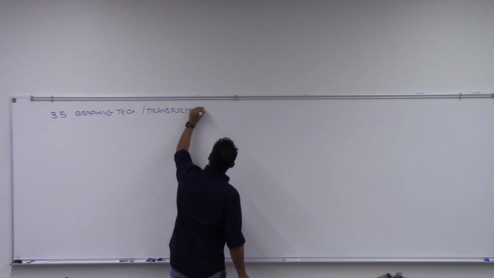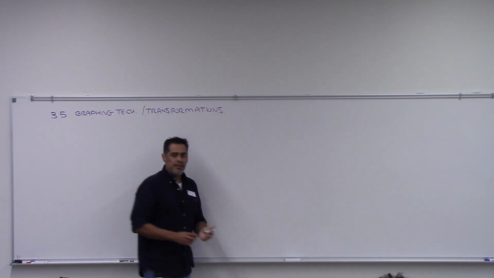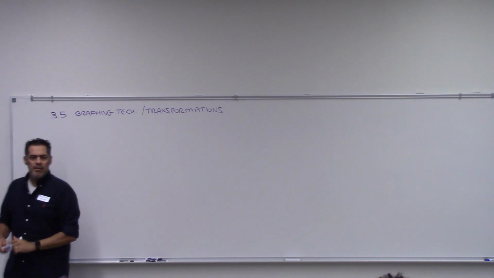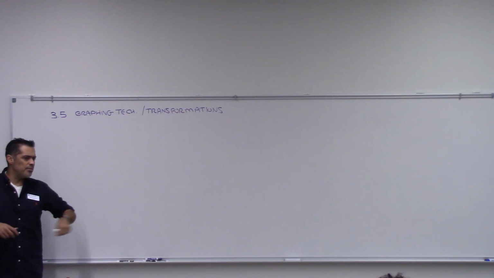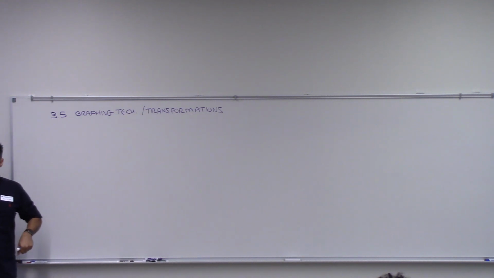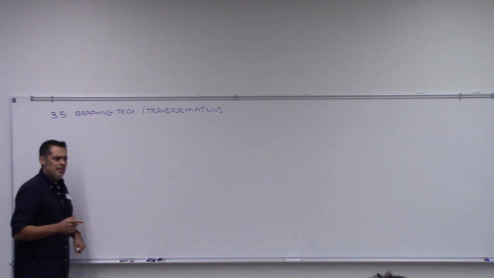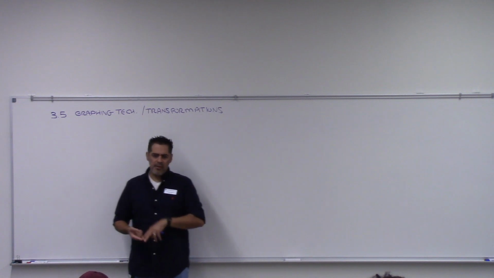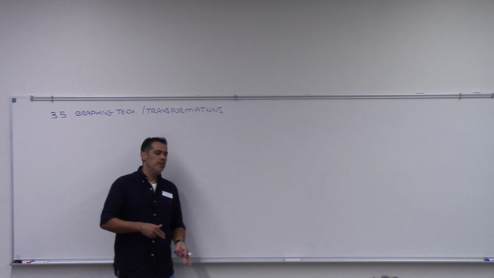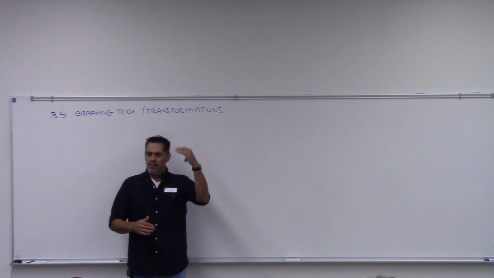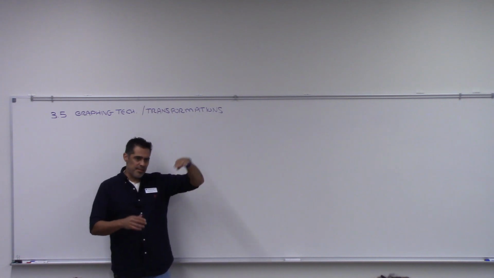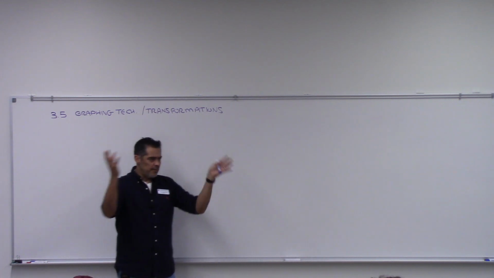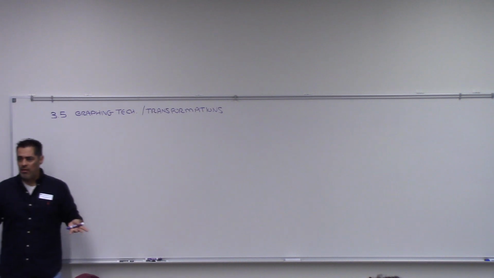So hopefully you remember that we talked about how many different functions you're supposed to know what they look like, those toolbox functions. Do you remember? It's like 8 or 9. I think it's 9. We had the identity function, the squaring function, the square root, the cube root, the absolute value. Remember that greatest integer function that looked like steps, right? All these different functions that we're supposed to know what they look like, right?